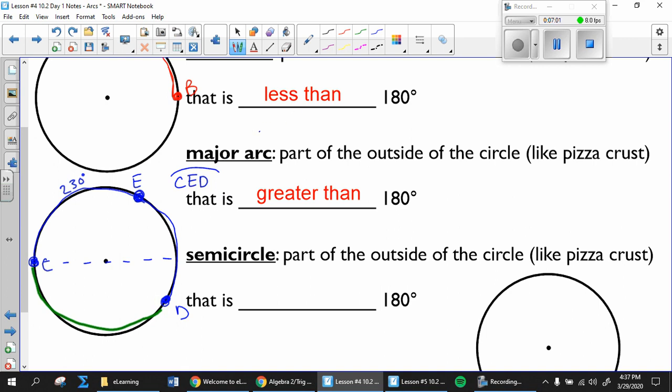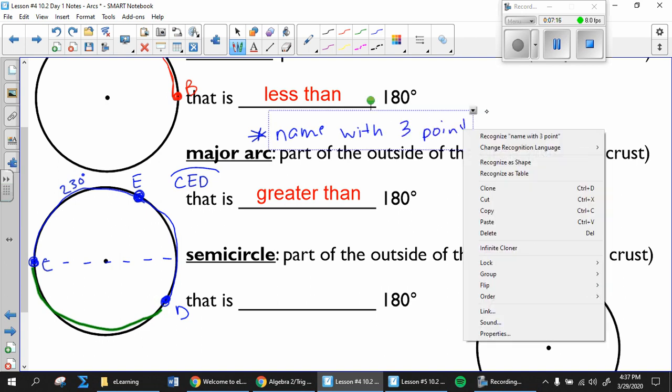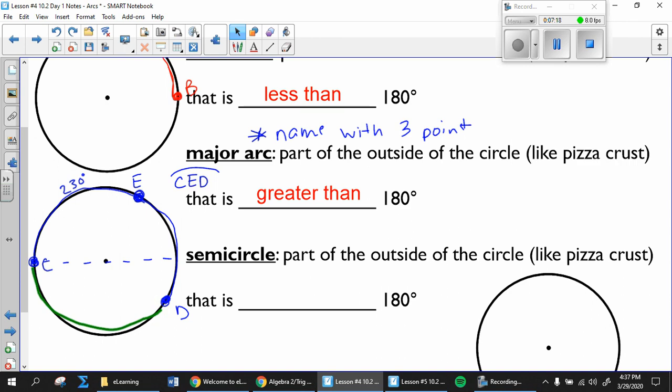Okay, so when we're labeling major arcs, in order to identify which arc we are talking about, we will name it with 3 points. Okay, so we'll use the 2 endpoints and we'll use a point in between them.